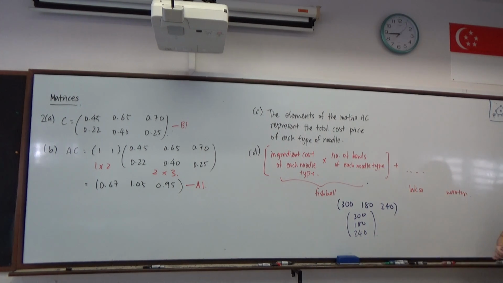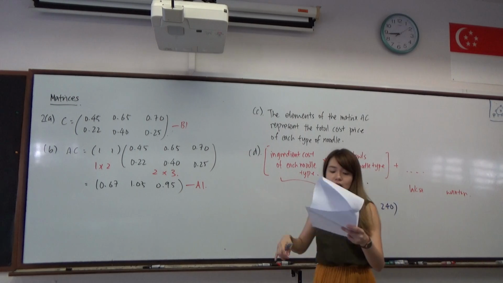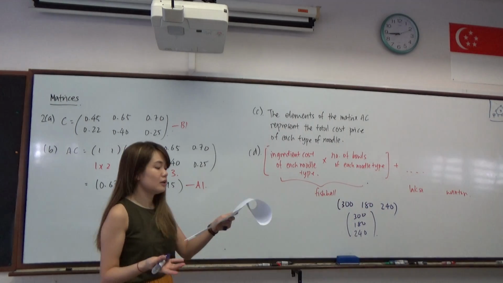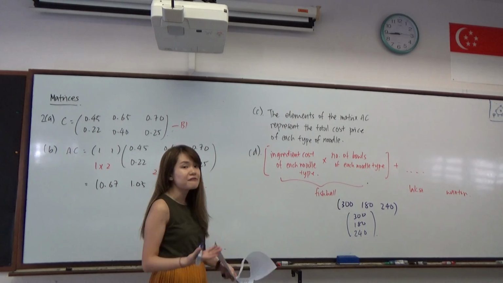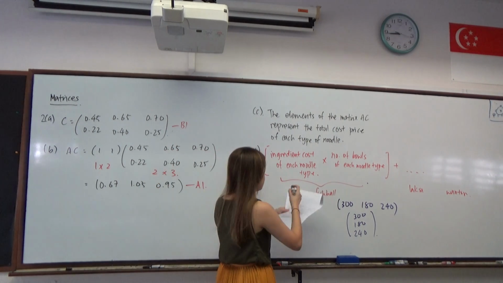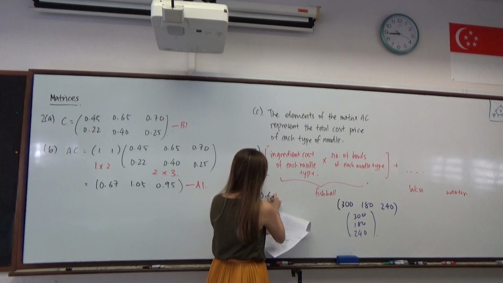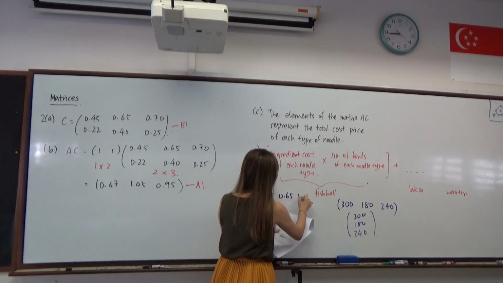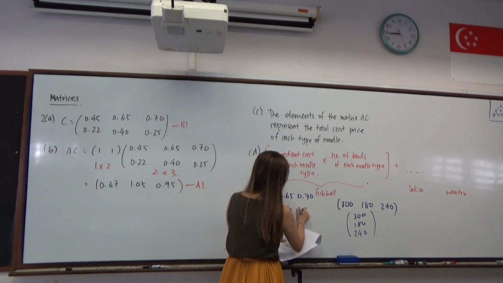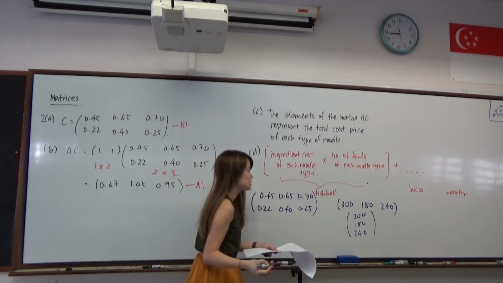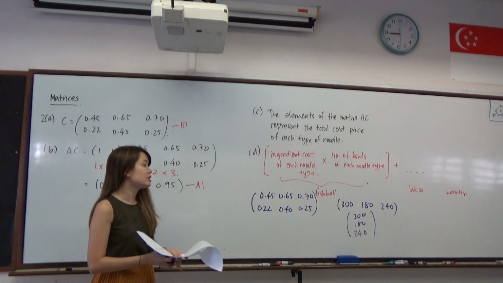Then the ingredient cost, you actually already have. And you need another one for labor cost. You already have a matrix for it, which is C. So that will be 0.45, 0.65, 0.70. So we can just use this matrix.